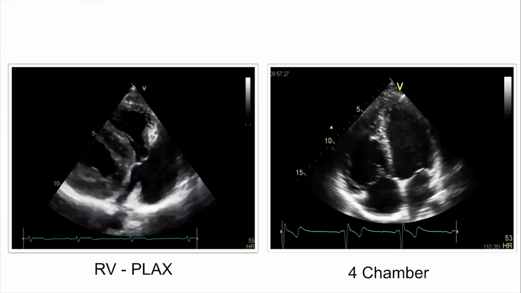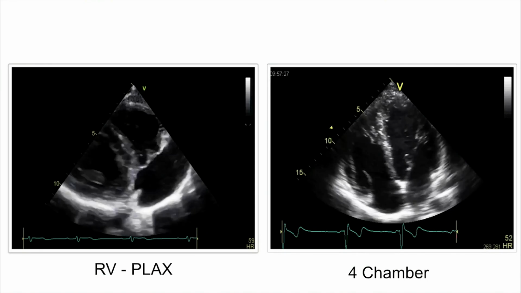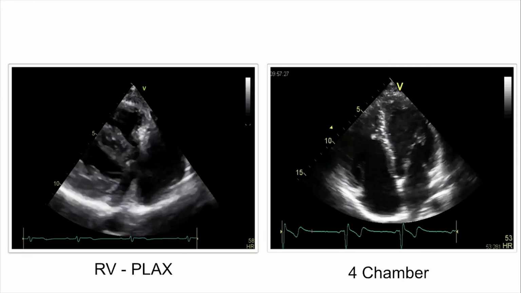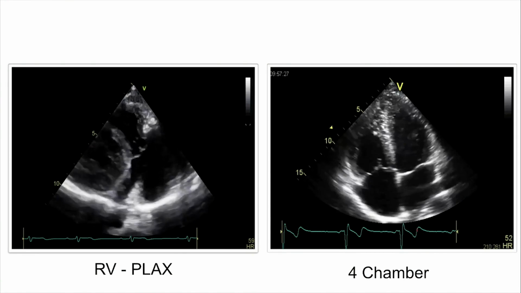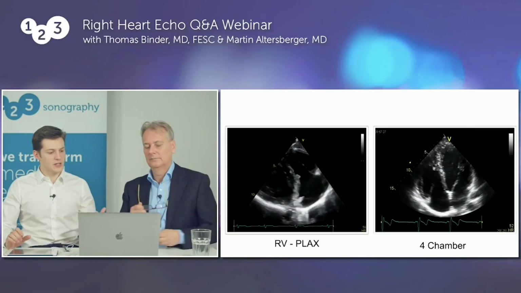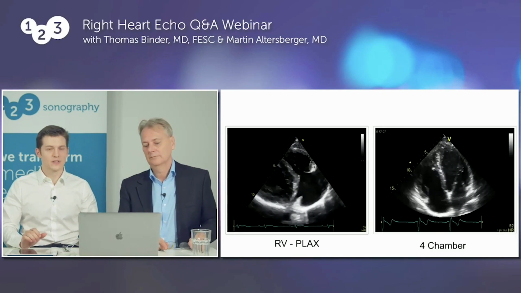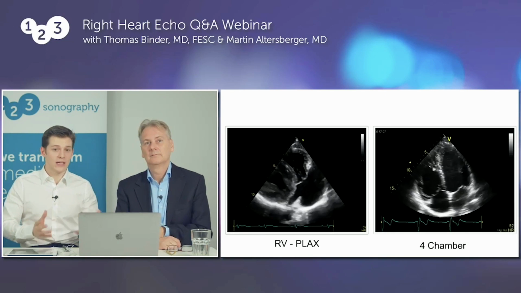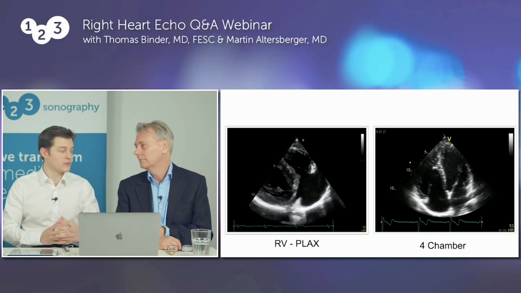So again, as Tommy mentioned, you have to look at the function. By eyeballing, you see it's normal. It's doing really fine, actually. Also in the four-chamber view, you can see here the free lateral wall. But for speckle tracking, we are also just lacking data here. You can try, you will get measurements, but we don't have normal values.